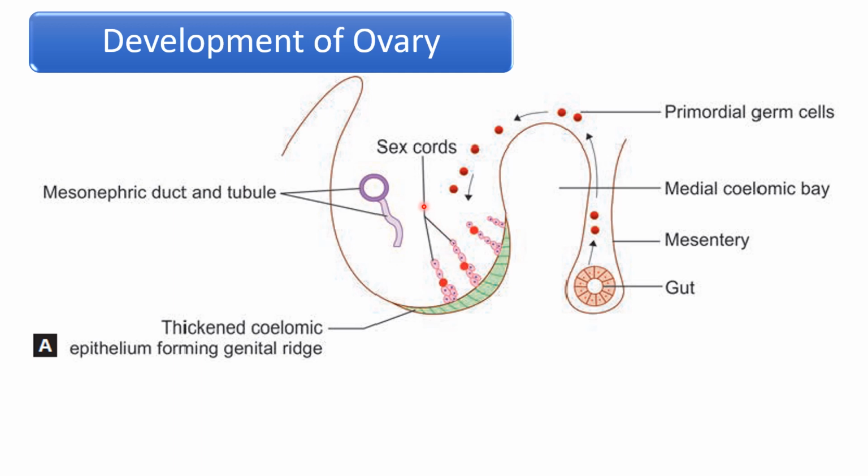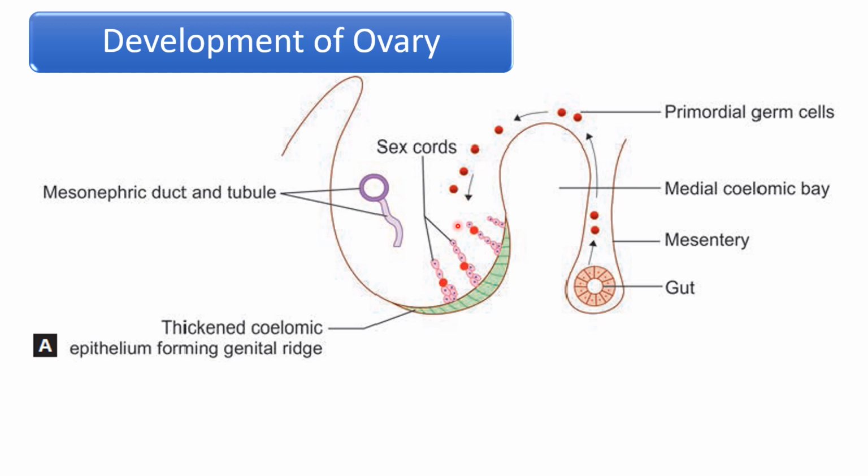The primordial germ cells, these red dots, are formed in relation to the yolk sac and migrate to the region of developing ovary through the mesentery of the gut tube, and they will give rise to oocytes.